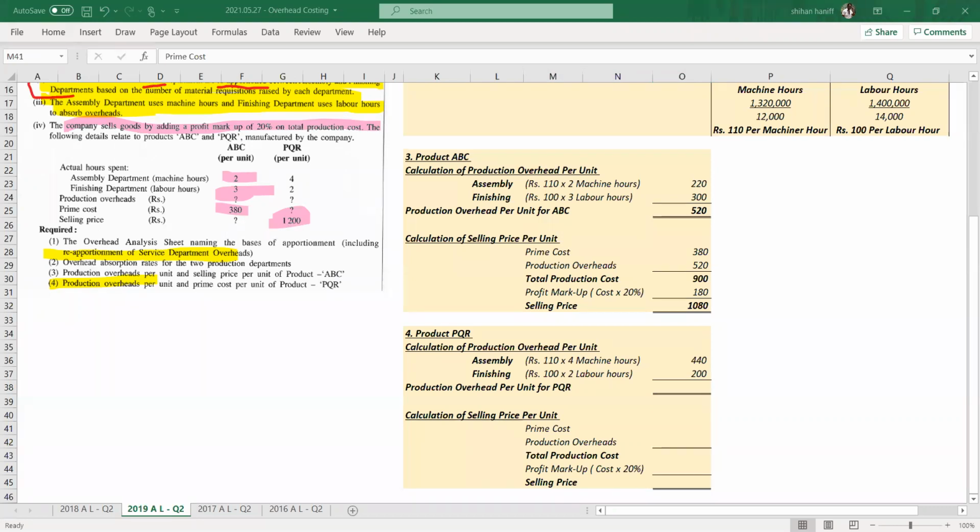For finishing, we took the labor hours. For assembly, we take machine hours.